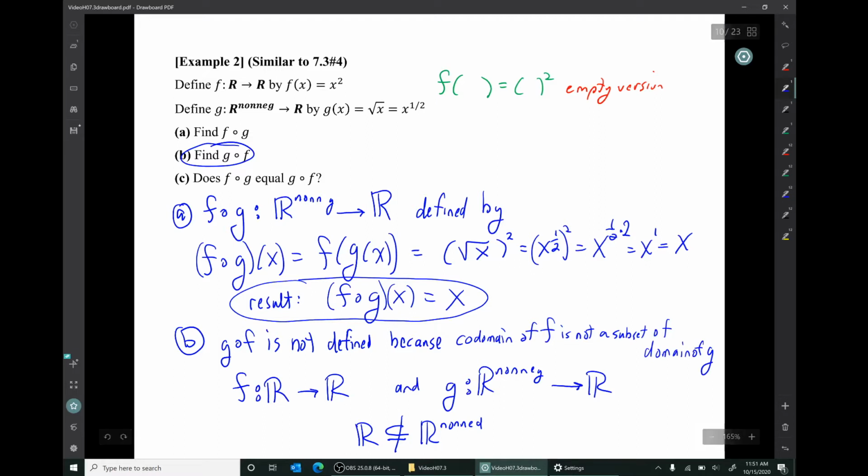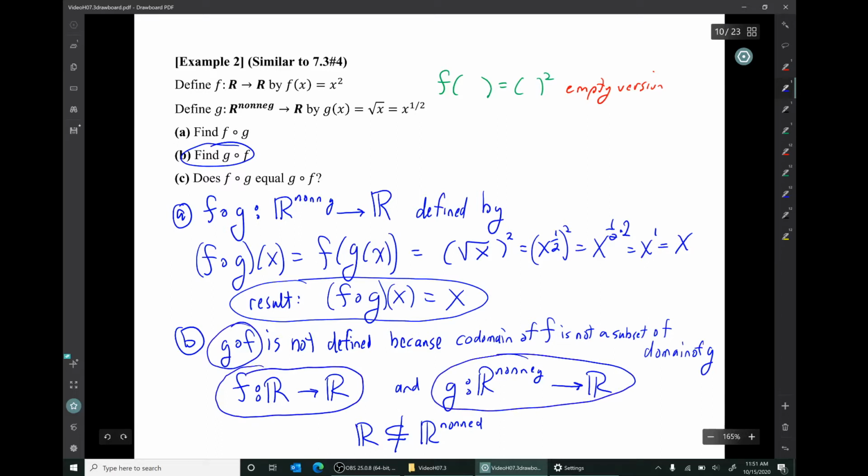So this composition is not defined because f is a map from R to R, and g is only a map from non-negative R to R. So the codomain of f is not a subset of the domain of g. So I'm not allowed to write this composition symbol, just because of the way I've written the descriptions of f and g.